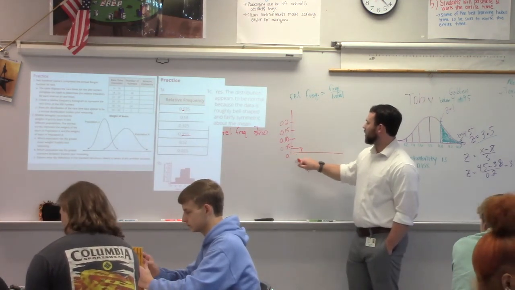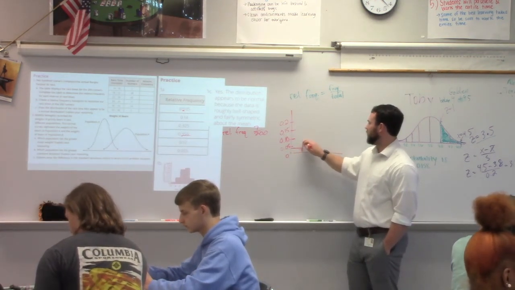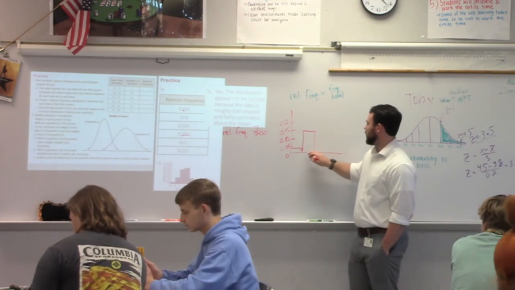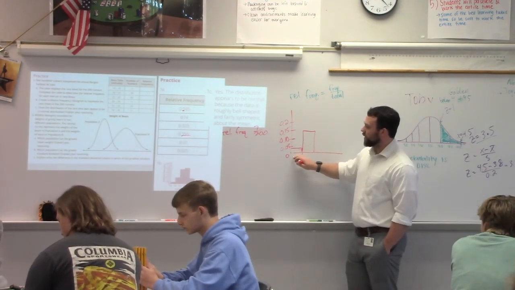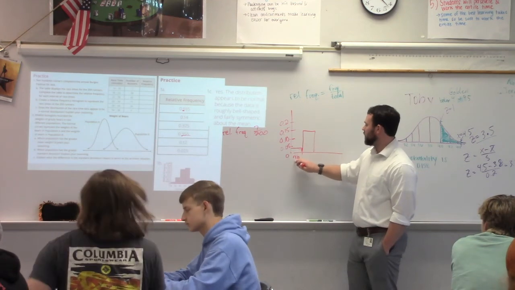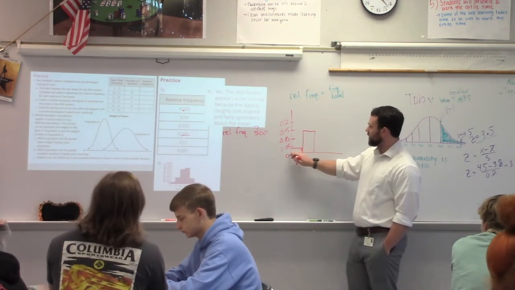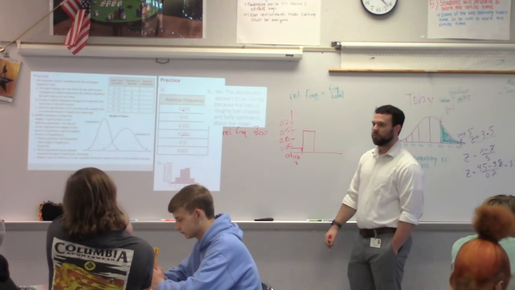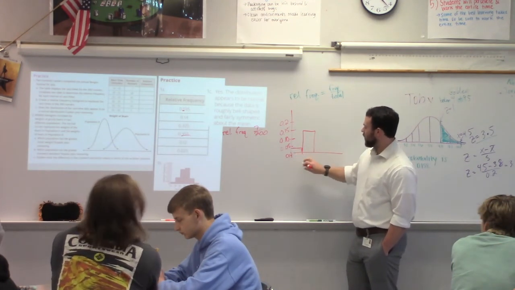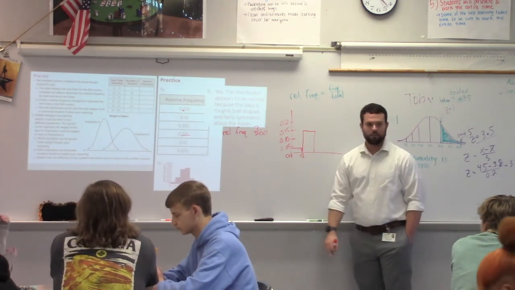But when you do your bars, they need to touch. I saw people doing 14 to 18. But if that's 14 to 18, isn't the lowest part here 14? And the highest part of the bar is 18.